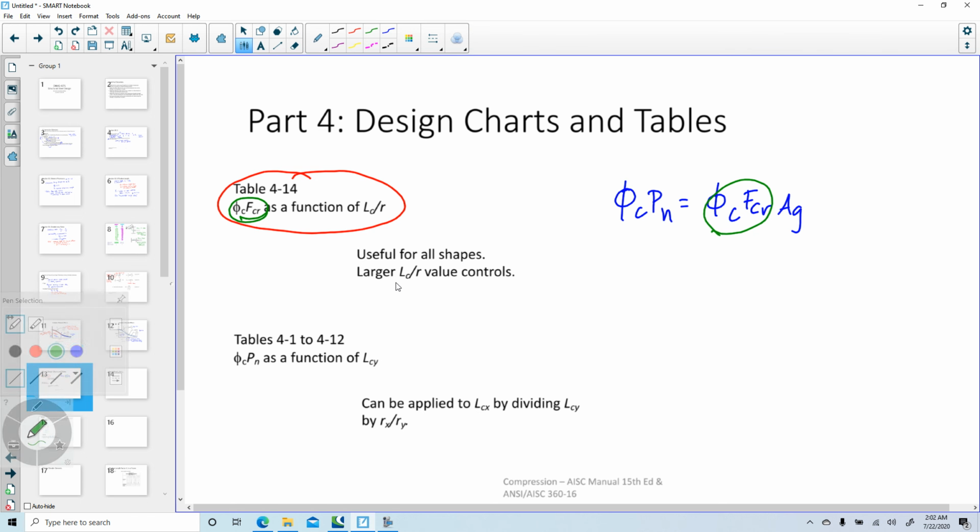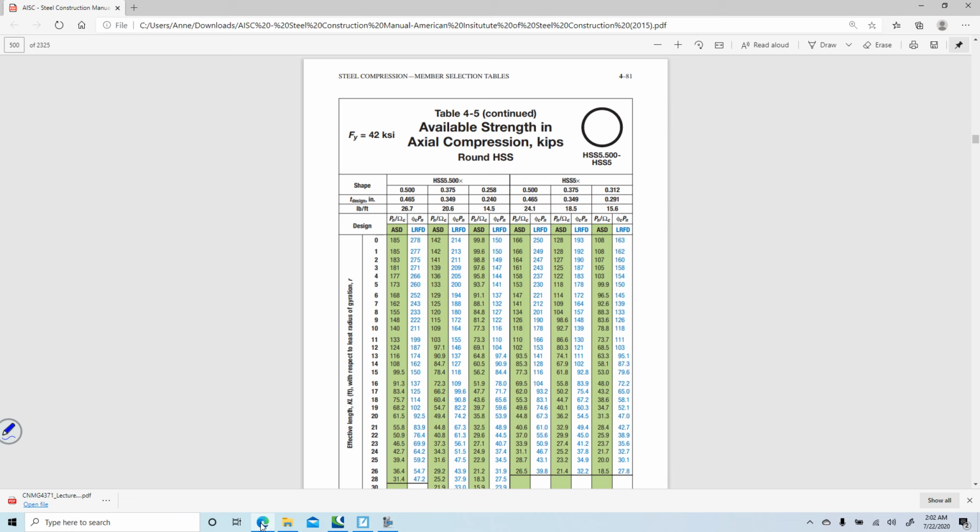So we're up in the first two-thirds, where we have all of our design tables, which are just calculations from the spec. The spec rules everything. They just decided to make it a little bit easier on you. So let's see, 229.